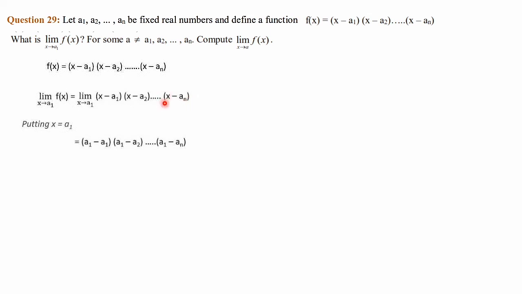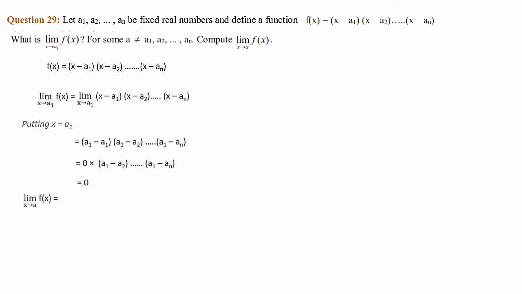X is replaced by a1, so no need of thinking of these numbers. The first factor itself is a1 minus a1, which is 0, and 0 into a1 minus a2 into etc. into a1 minus an. So 0 into any quantity is 0 itself.